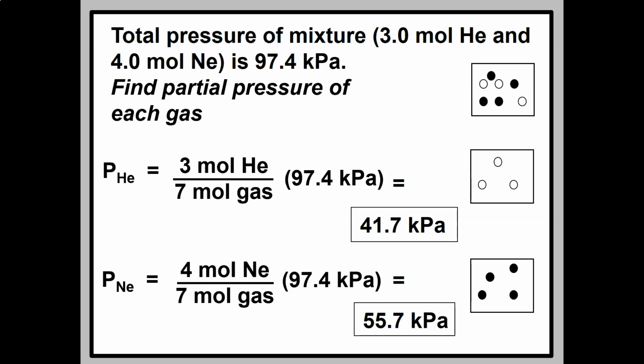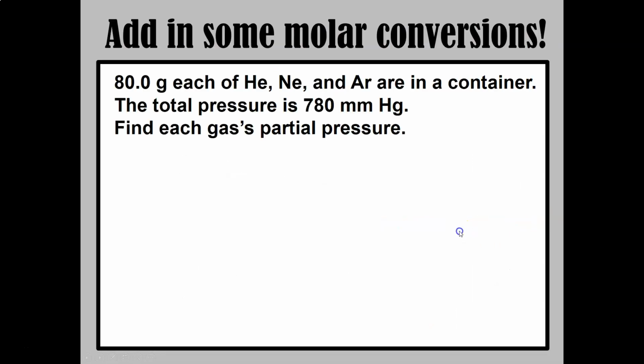Sometimes the problems are super short, sometimes they take 2 pages, okay? It's not that they're complicated steps, it's that there can be lots of steps, which gets tricky. So let's do a problem where we add in some molar conversions.